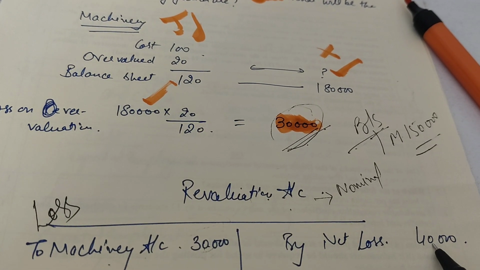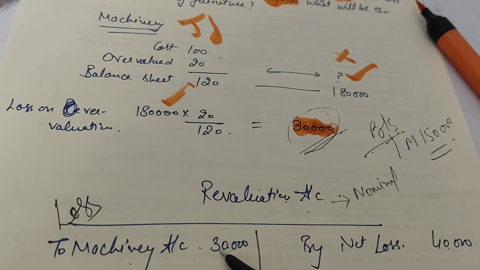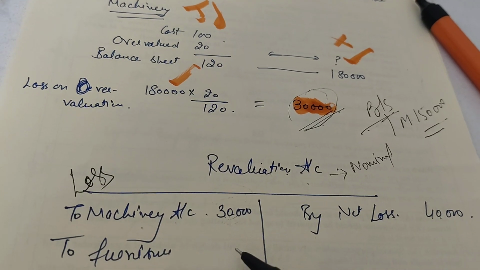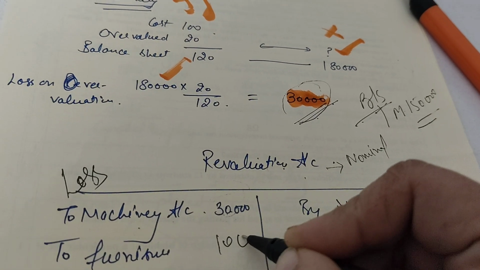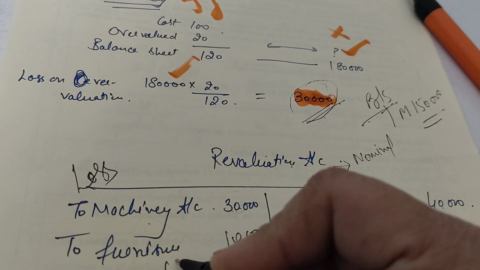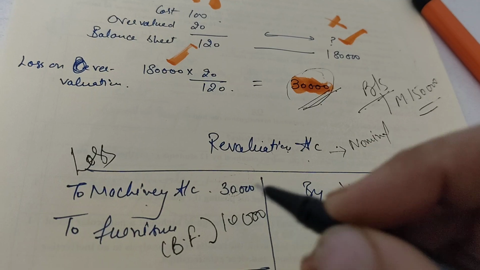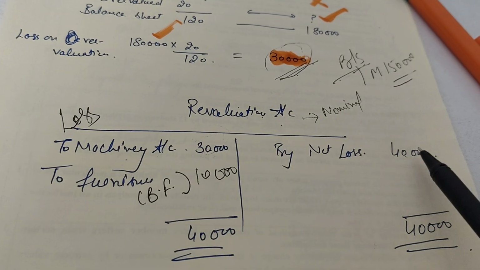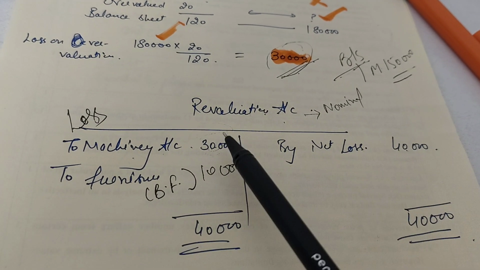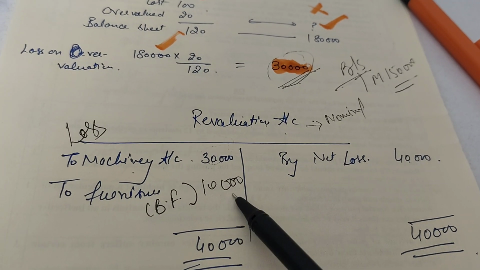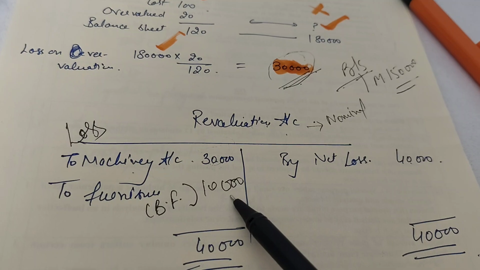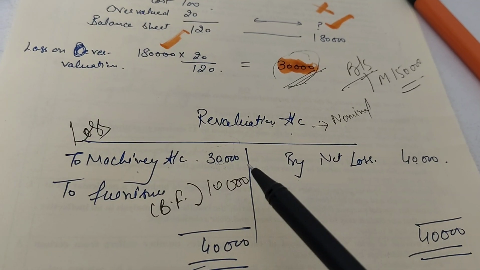So, out of 40,000, if 30,000 belongs to machinery, then how much loss was there on furniture? That was rupees 10,000, as a balancing figure, making the revaluation account tally for credit and debit. So there was a loss on revaluation of furniture of rupees 10,000.